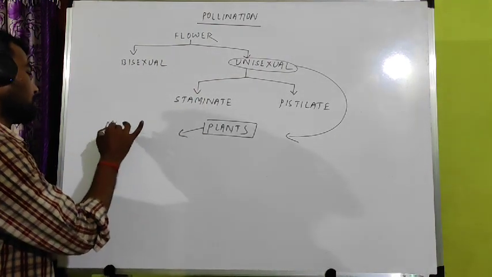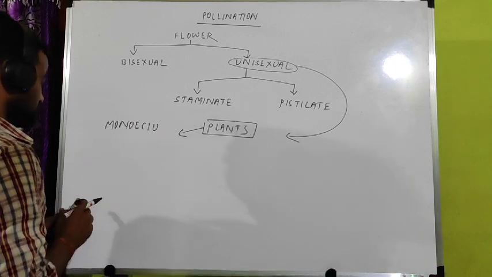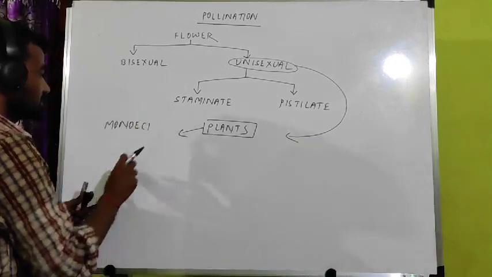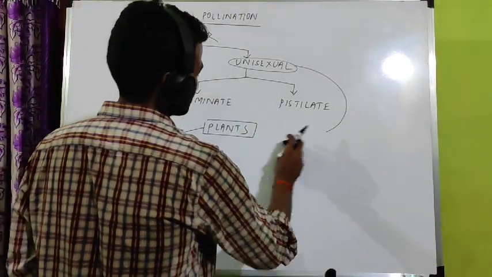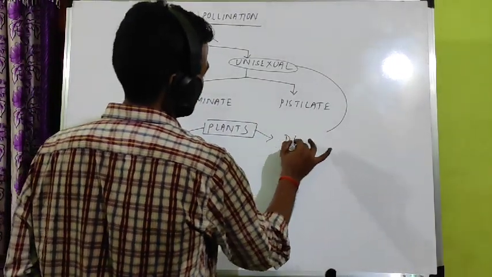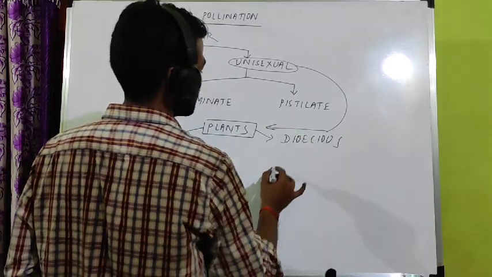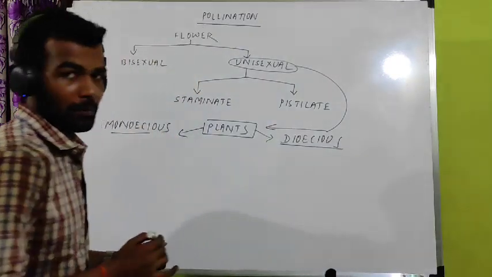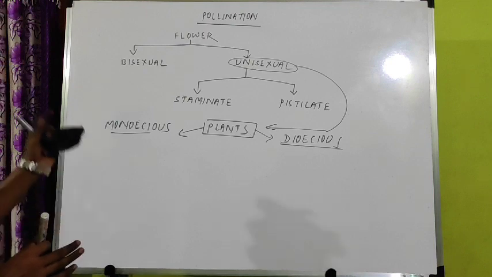Number one is called monoecious, and the second is called dioecious. We will discuss monoecious and dioecious in detail, because maximum questions come from this part.